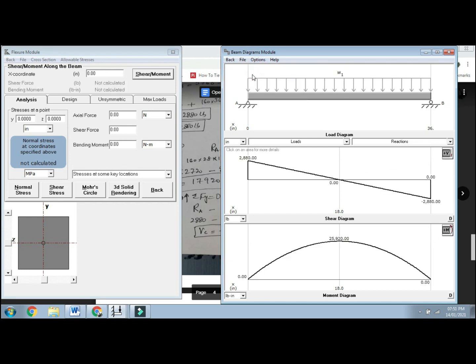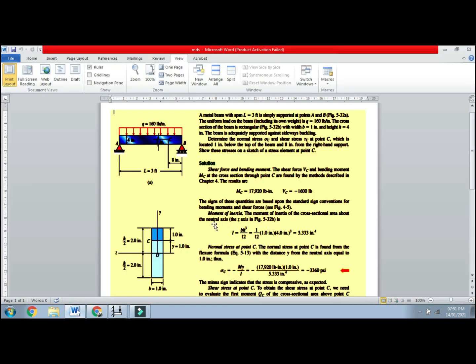We are interested not in point 0, but in a unique point which is 8 inches from the right support. That means it is 28 inches from the left support and 1 inch below the top surface.